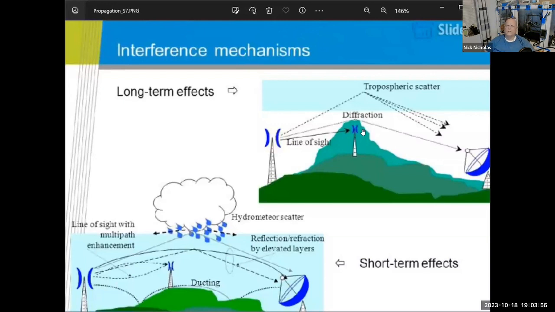Now, there are some types of tropospheric scatter that reflect signals, but it's not that significant very often. And there is some hydrometeor scatter that's not caused by water vapor per se. It's caused by the breakup of a meteor when it enters the atmosphere. But we're going to ignore those for a minute.